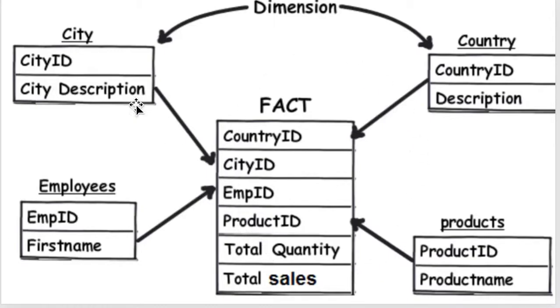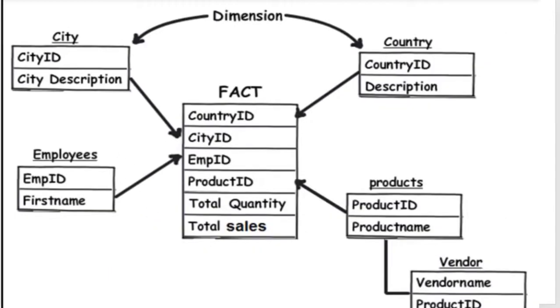In this way, for each ID or each dimension aspect, there are only one single dimension table, or those are all denormalized tables. Then this design is called star schema design.